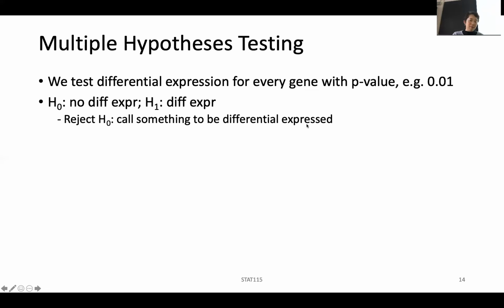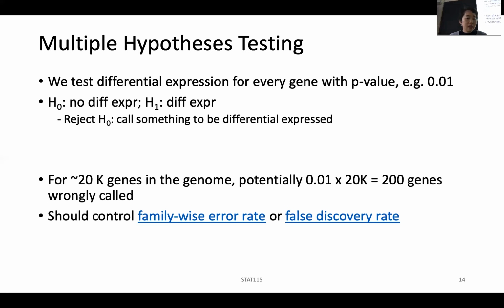If something meets the p-value cutoff, the situation is just as the student mentioned: in the genome, we have 20,000 genes. If you use 0.01 as the p-value cutoff, there are going to be 200 genes that will be called, because you have so many genes.